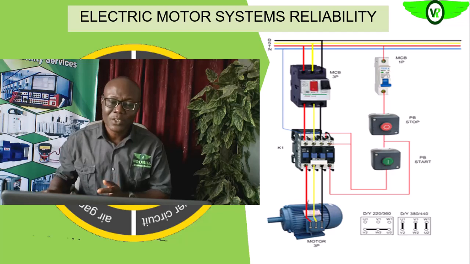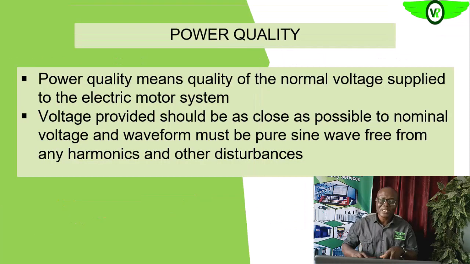Are we getting it? So that is the quality that we are talking about, which means the normal voltage as indicated on the nameplate of your electric motor. That should be what is supplied to the motor system.